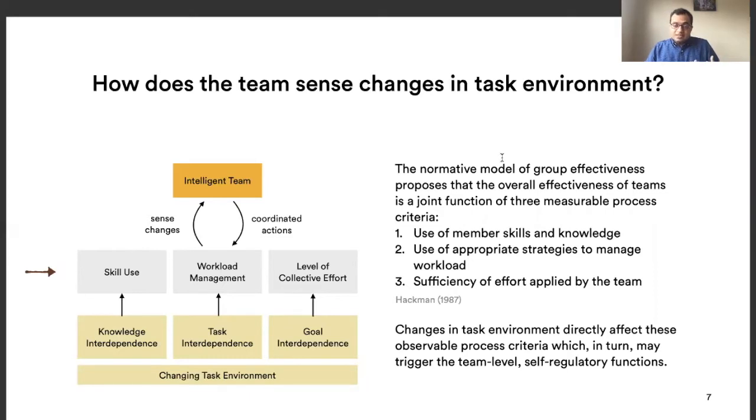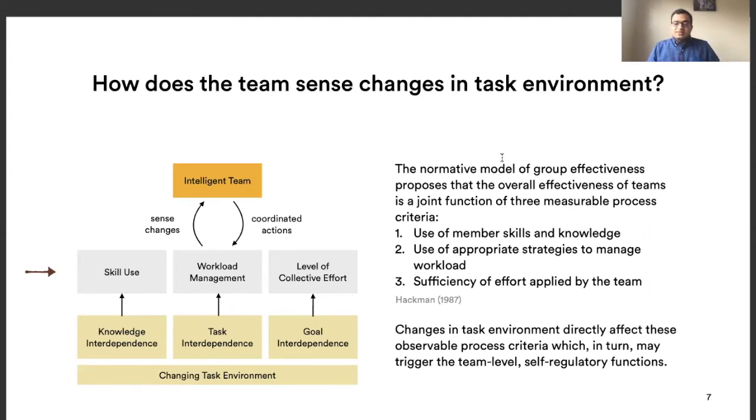These are the extent to which member skills are utilized, the extent to which the team engages in strategies for effectively managing the workload, and finally, the level of collective effort that the team is able to put together. By observing these 3 criteria, one can estimate the ability of the team to perform.